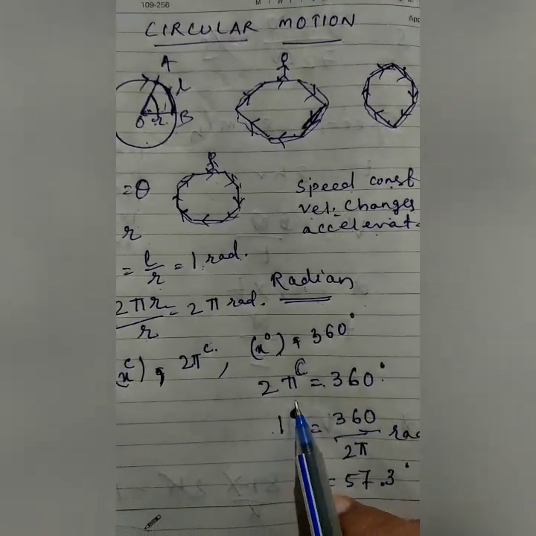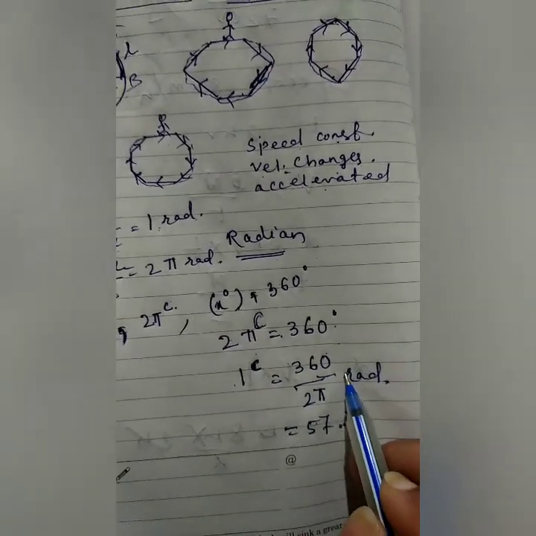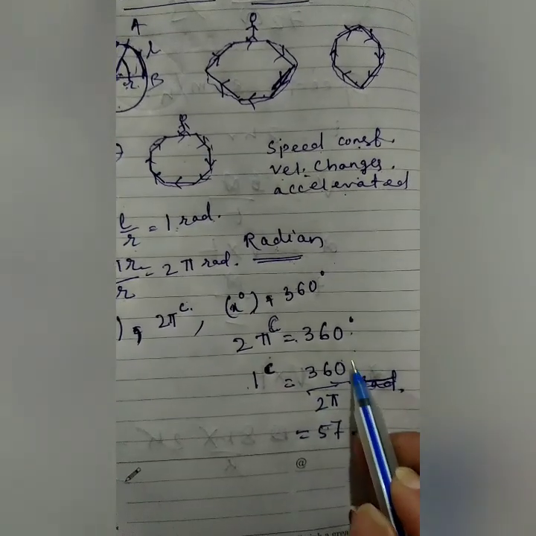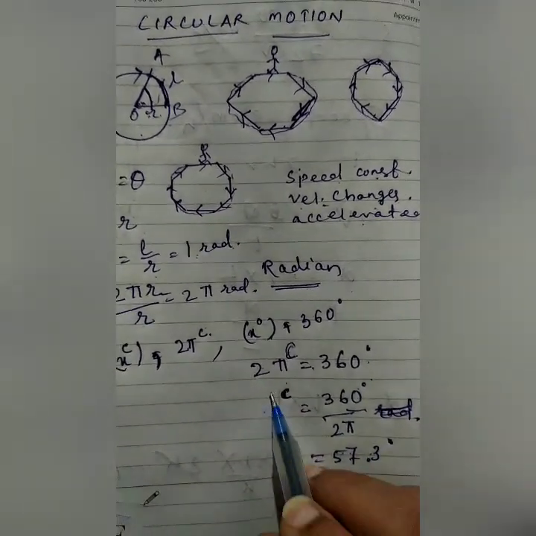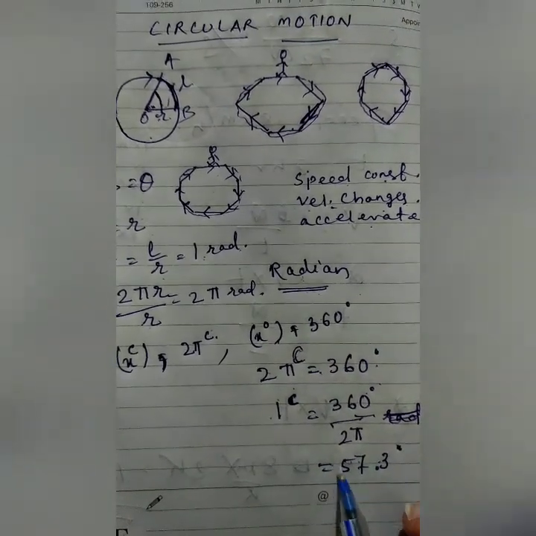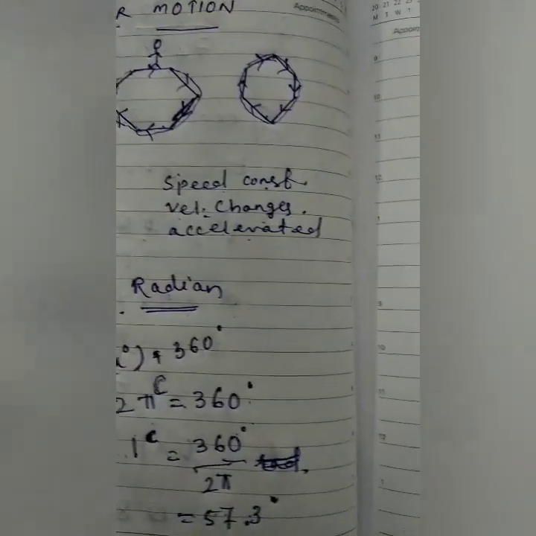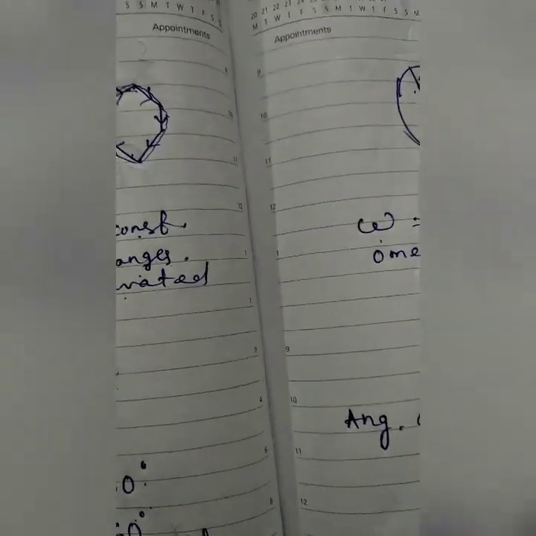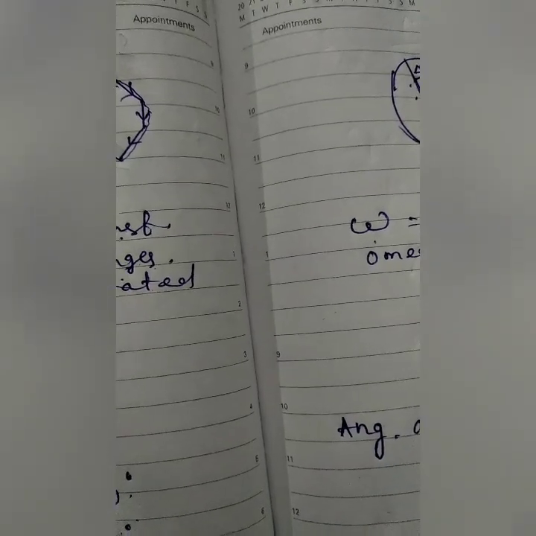So 1 radian is equal to 360 degree by 2 pi, that will be 57.3 degree. That means 1 radian is equal to 57.3 degree.